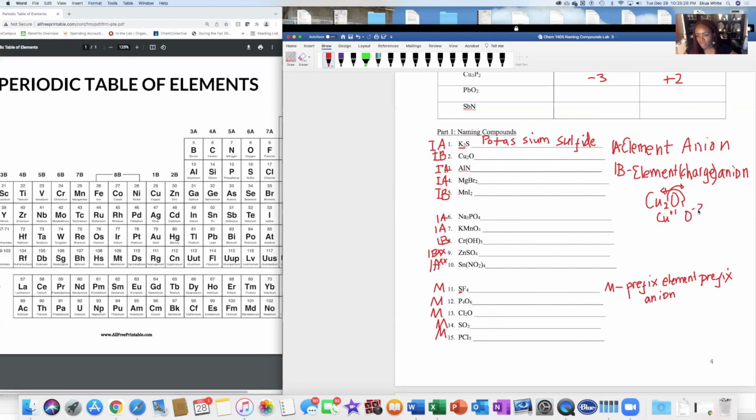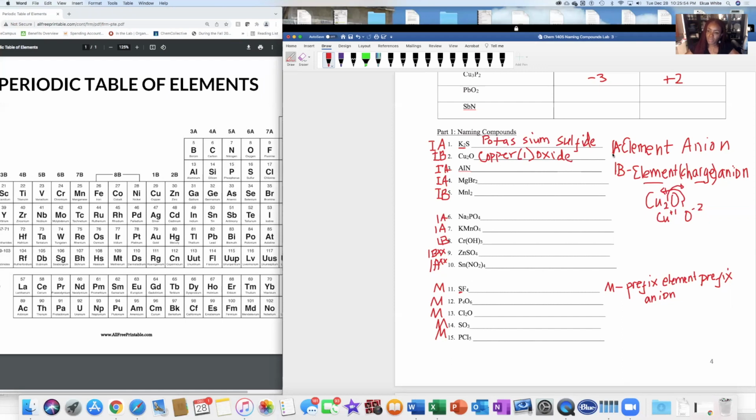O minus 2. It's an ionic B. You have to include the charge, right? The element name, then the charge. The element Cu is copper. The charge is going to be 1. And then this over here is called oxide. So copper(I) oxide.